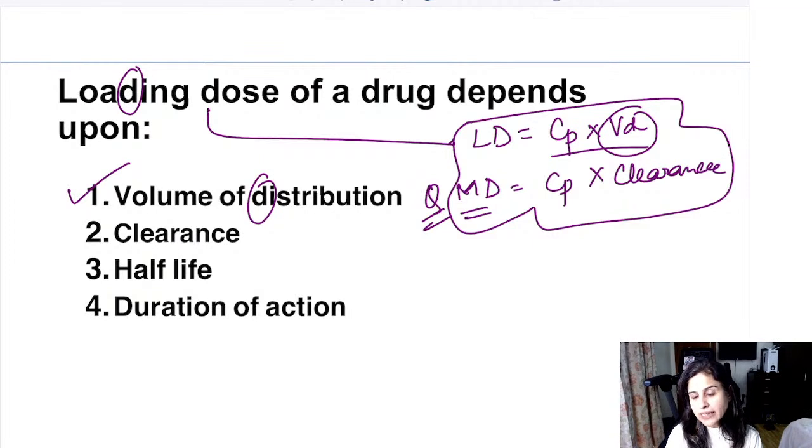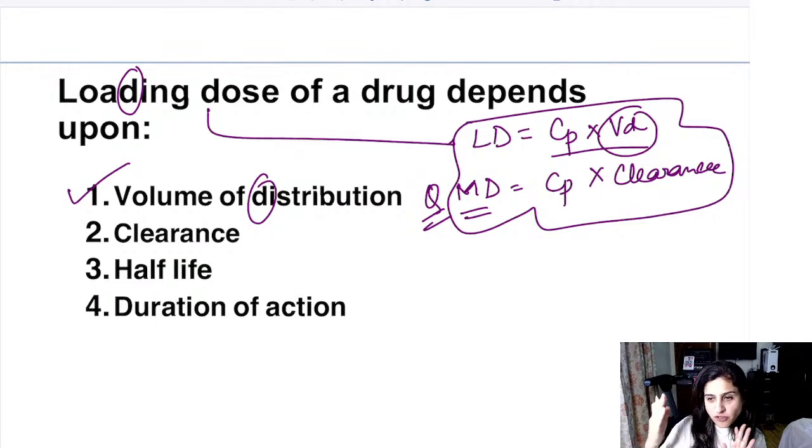And you know that it takes about 4 to 5 half-lives for a drug to reach its steady state concentration, where the therapeutic action will be there. So for example, chloroquine takes about 4 to 5 days to reach that steady state concentration. Now chloroquine is used for malaria, and you have to bring down the fever in the patient.